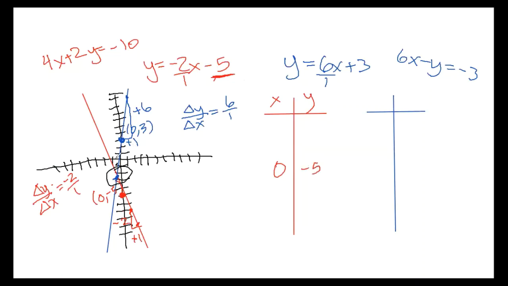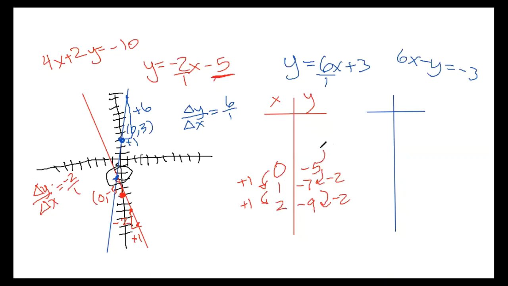I know it's somewhere around the negative on the x-axis and negative on the y-axis, so I want to go backwards. The change in y is -2, so subtract 2 each time, and my change in x is adding 1. Subtract 2 is -7, subtract 2 is -9.